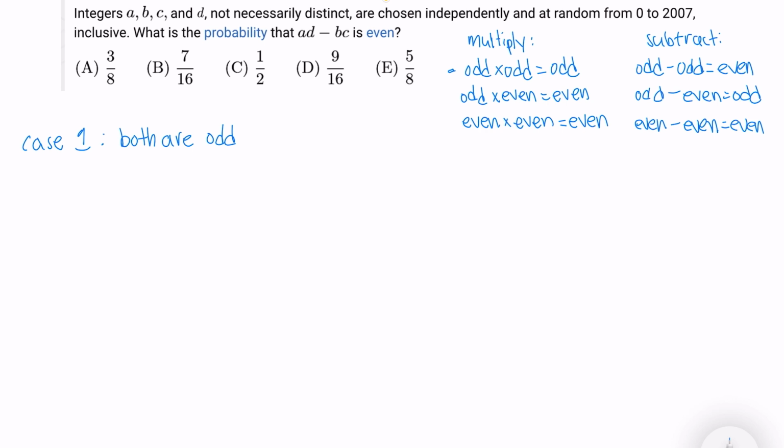The pattern is that from 0 to 10 or 0 to 100 or 1,000, 2,000, 1/2 of the numbers are going to be odd, and 1/2 of the numbers are going to be even.